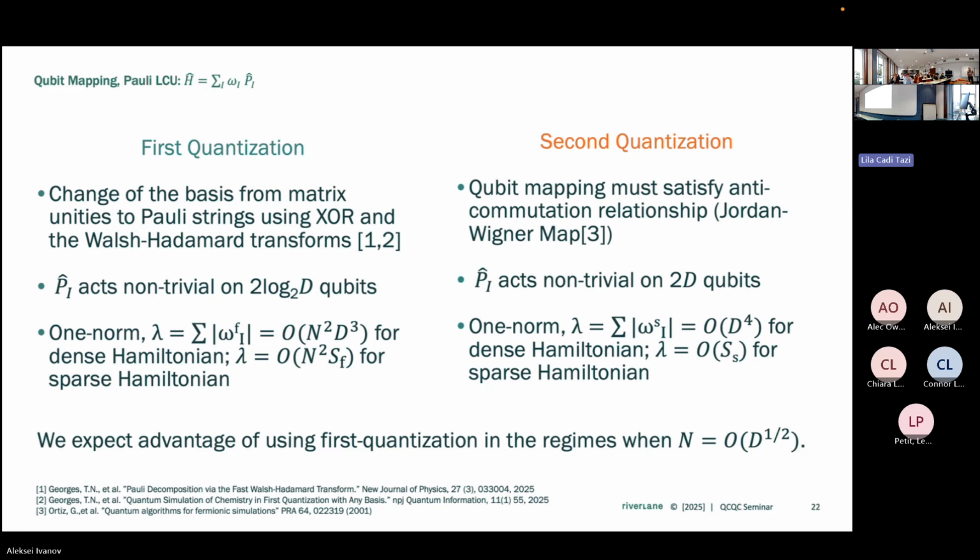And in first quantization, each Pauli matrix acts on a number of qubits logarithmic in size, right? And as I said, you can expect the norm will scale as n squared d cubed, where n is the number of electrons and d is the number of orbitals. In the second quantization, it's d to the fourth, but you can expect a 1 over d improvement for dense Hamiltonians.